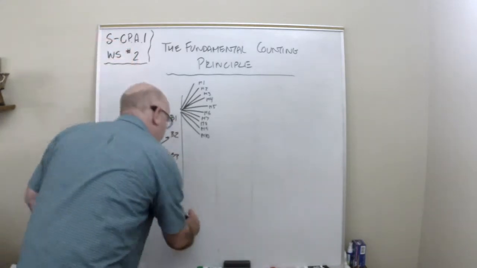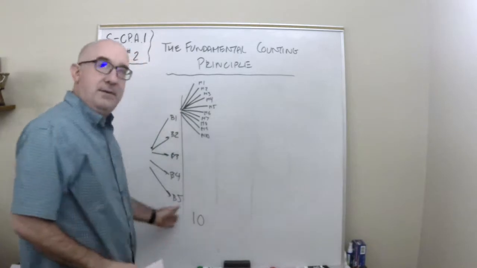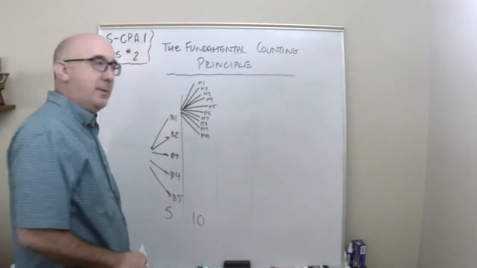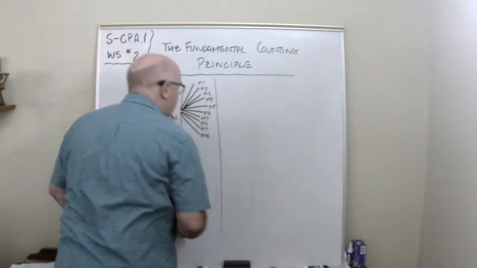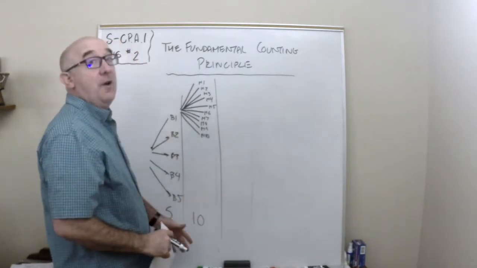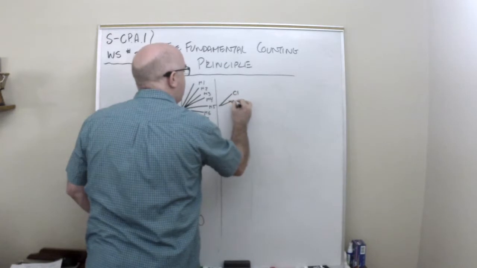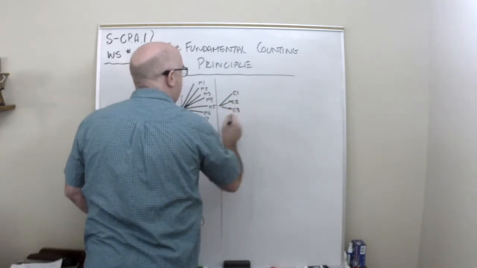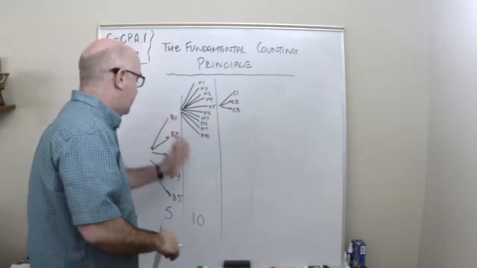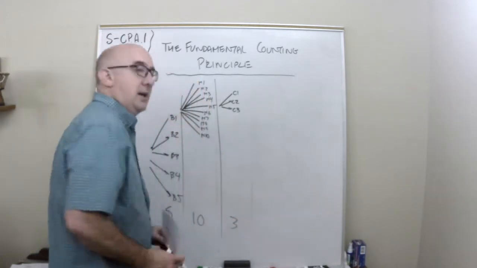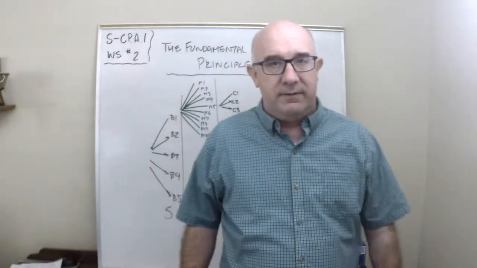So we would have to be at 50 now, 5 times 10, to see the easiness of the multiplying. And then from every one of those, all 50 of those, you'd say, all right, cheese 1, cheese 2, cheese 3. So you would have 5 times 10 times 3 is that magic 150.